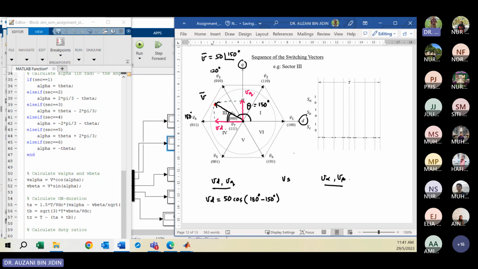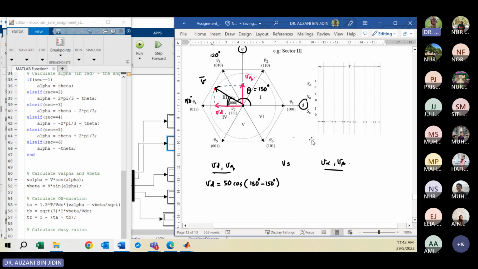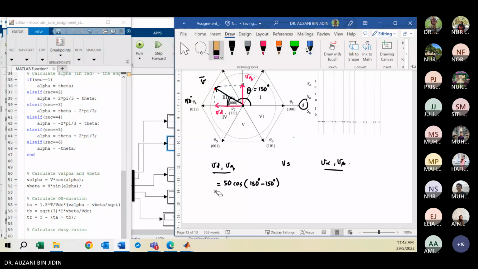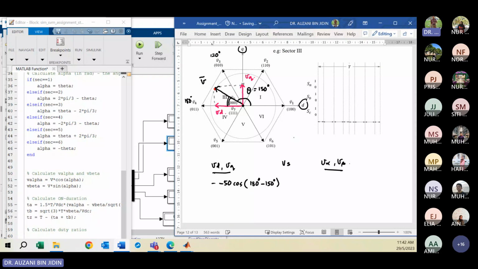Just apply the trigonometric function you learned in your first year mathematics subject. VD, so here the answer must be negative, because your space vector is located on the left-hand side of the Q axis.